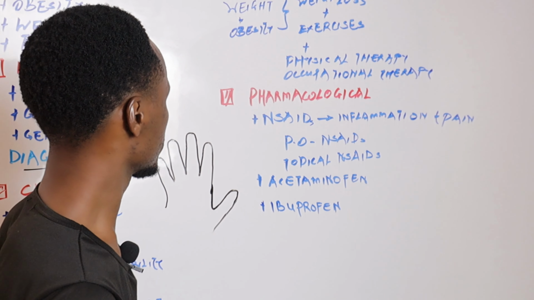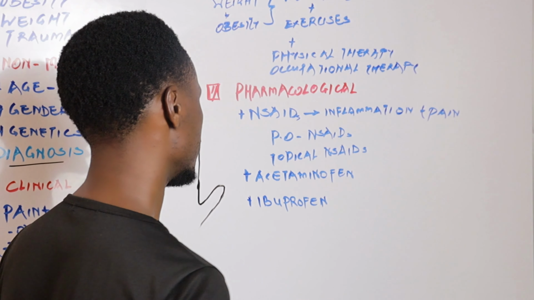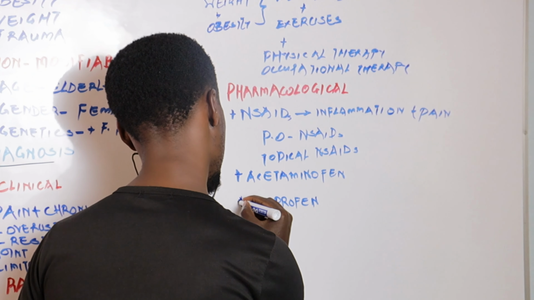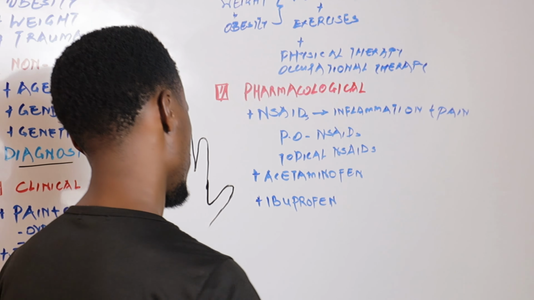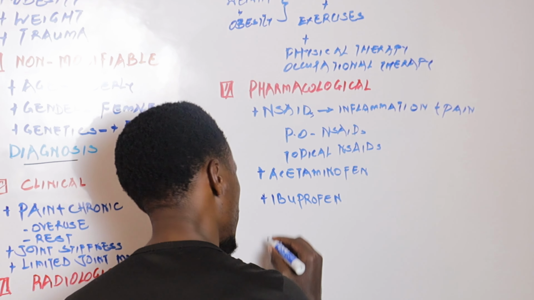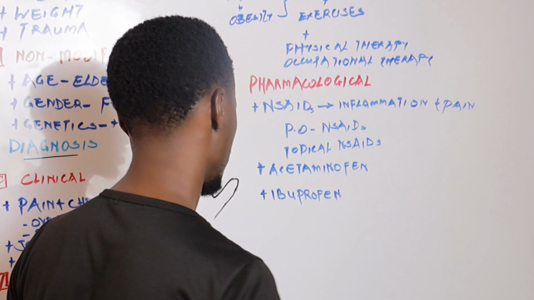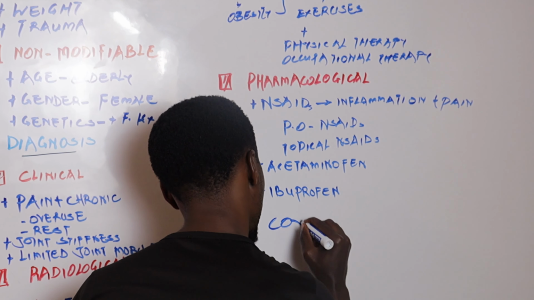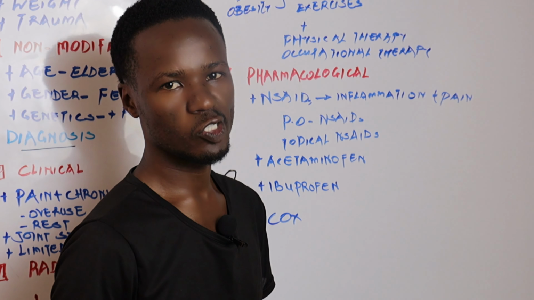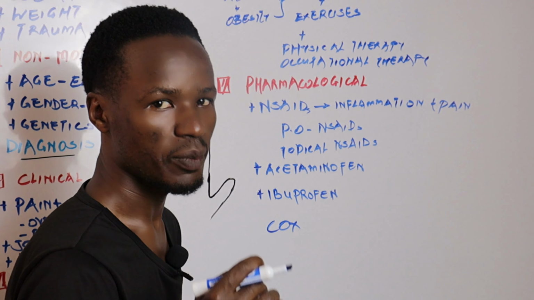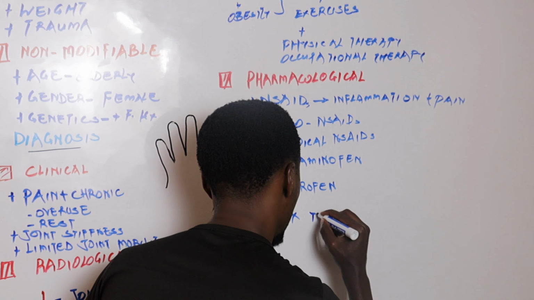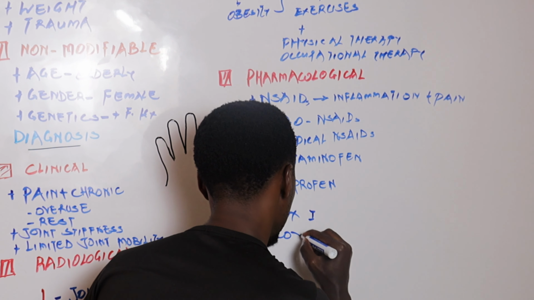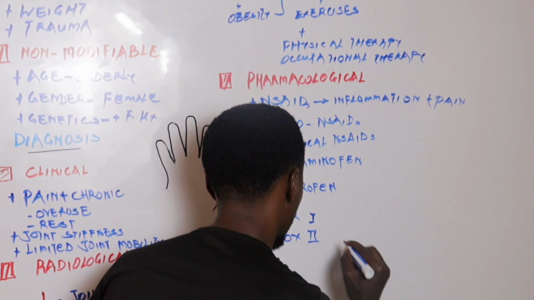Why is that? Long-term use of NSAIDs, what happens is that these drugs inhibit the action of special enzymes that we call COX, or the cyclooxygenase type 1 and type 2. So COX-1 and COX-2.